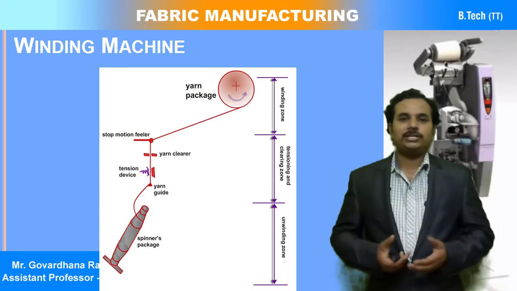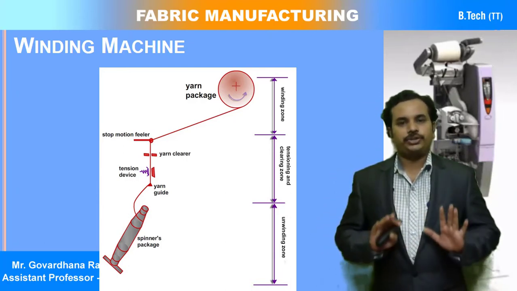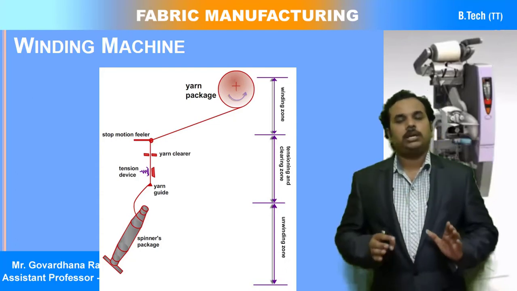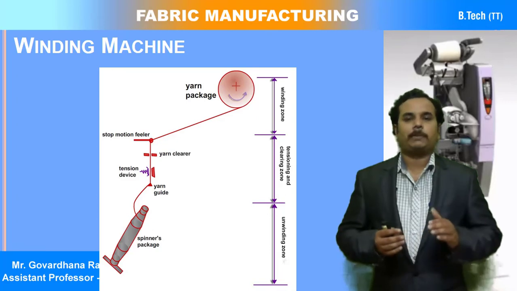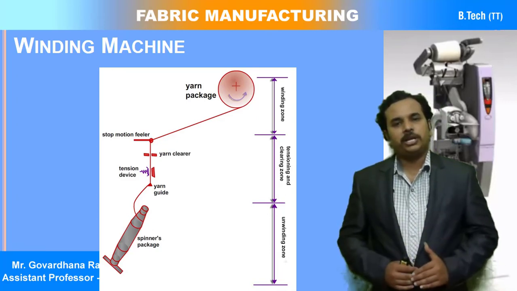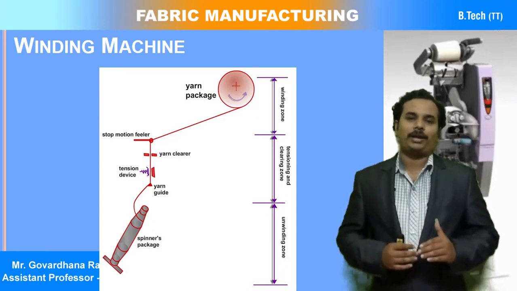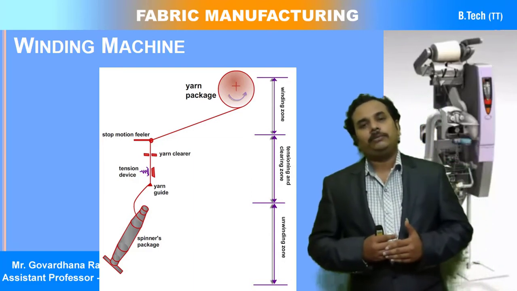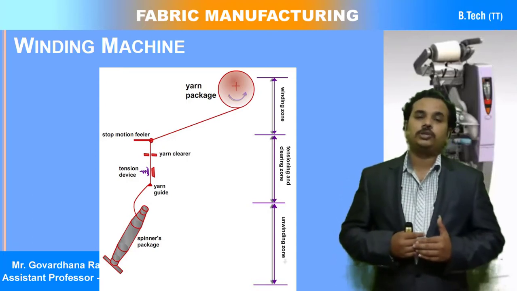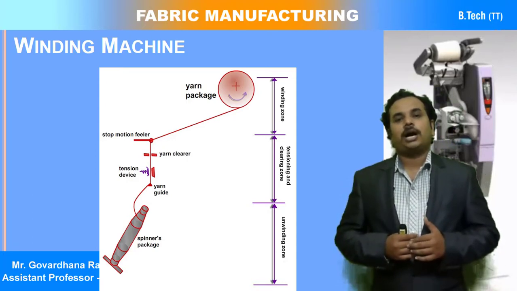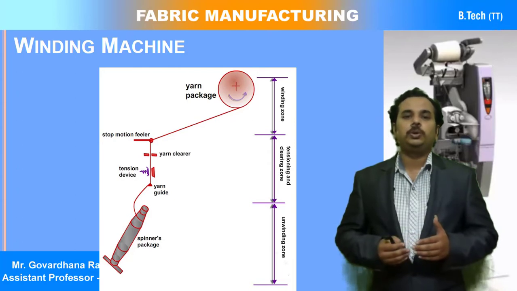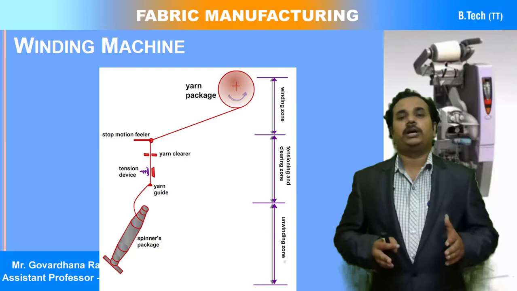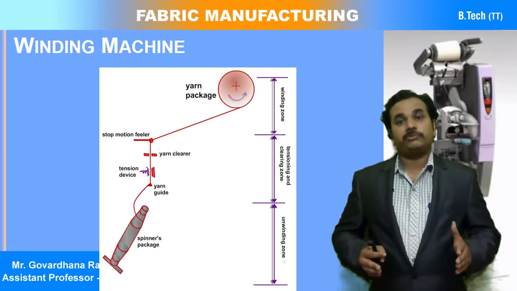Tensioners maintain the yarn tension and the clearers remove the objectionable faults which are present in the spinner's package, the ring package or ring cop. So the yarn clearer is used to remove the objectionable faults from the yarn.